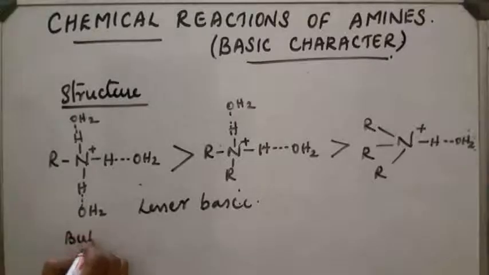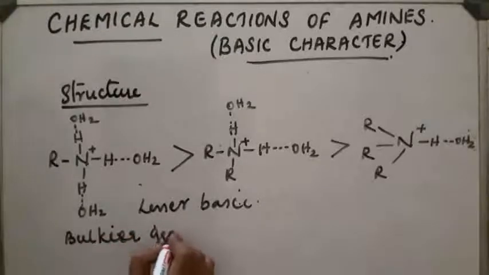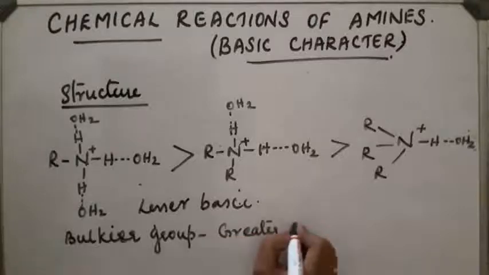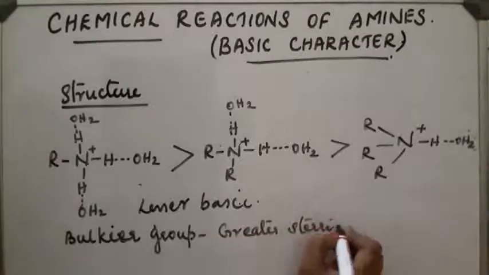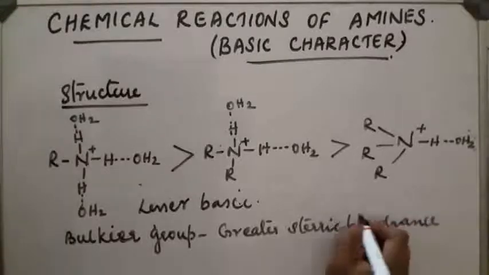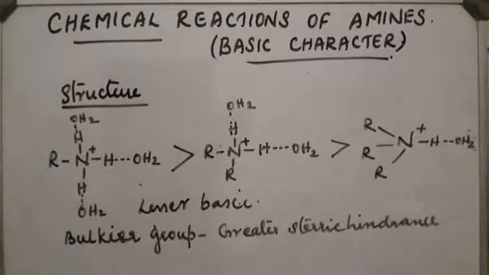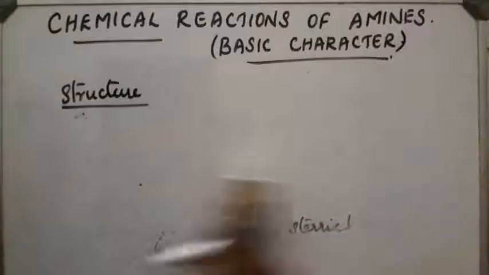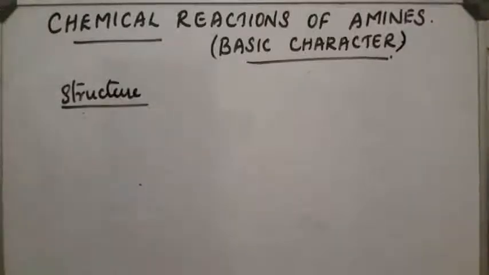The bulkier the group, the greater the steric hindrance, which means that compound is less stable. This tertiary amine is less stable compared to the other two, so it is less basic. The resultant of all these factors determines the order of basicity.